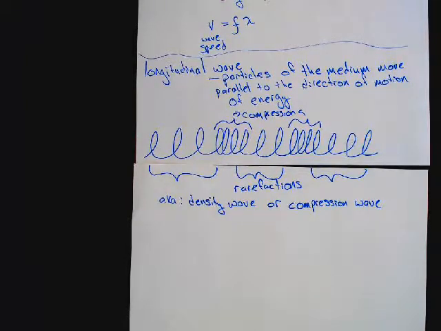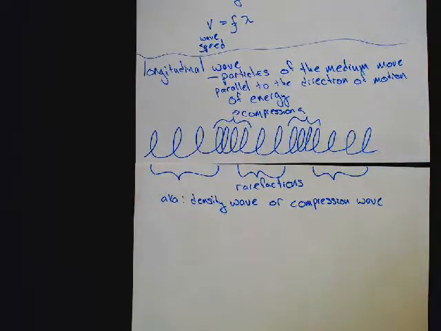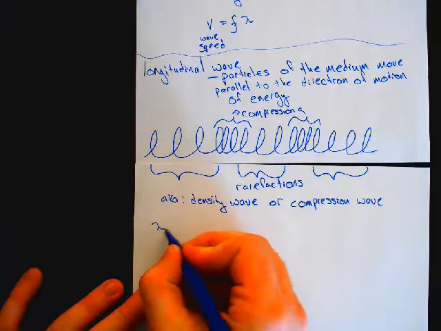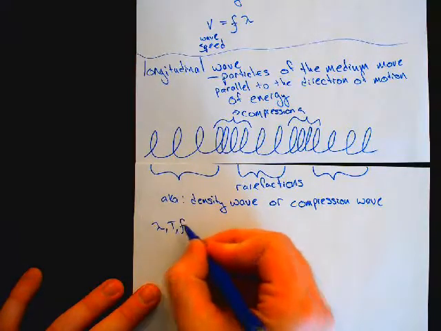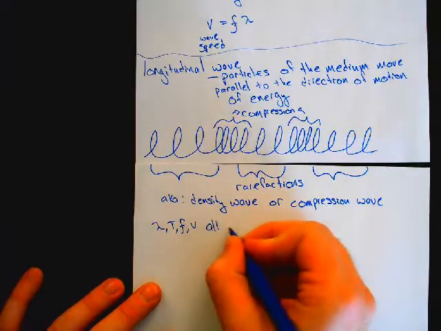Sound is a longitudinal wave, meaning that at different points in the air, the density of the air has been changed because I'm compressing it with my voice. That's how that actually travels to our ears. Now, in terms of the other variables, wavelength, period, frequency, and velocity all behave the same, all work the same.